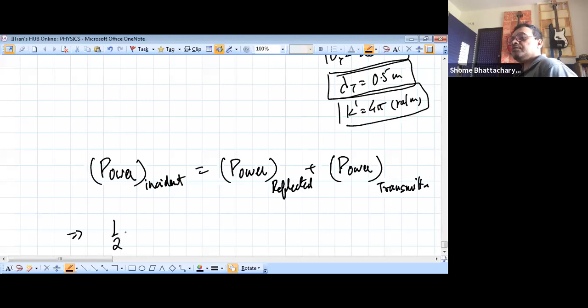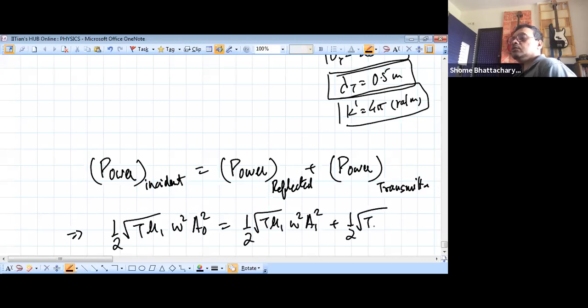Half square root of T into mu1 into omega square into A naught square is equal to half square root of T into mu1 again, omega square A1 square, plus half square root of T into mu2 into omega square A2 square.